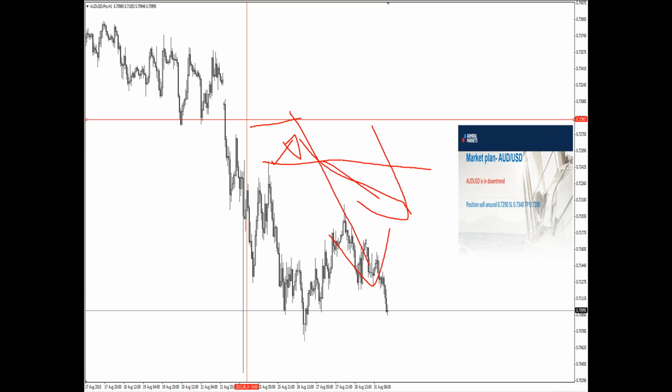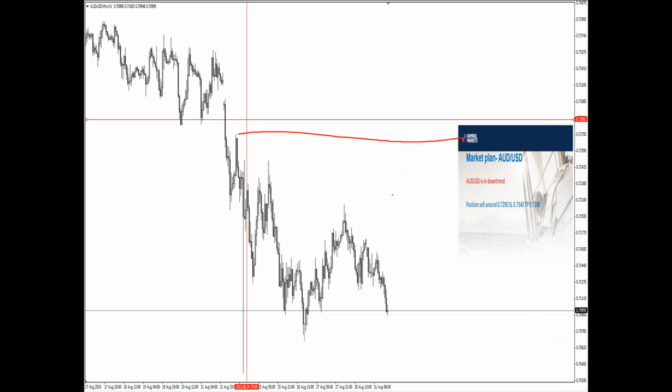But that is why I'm saying sometimes the price will not hit our entry zone. But then you need to follow my trend advice. And I told you that my trend advice for Australian dollar was that it is in a downtrend.